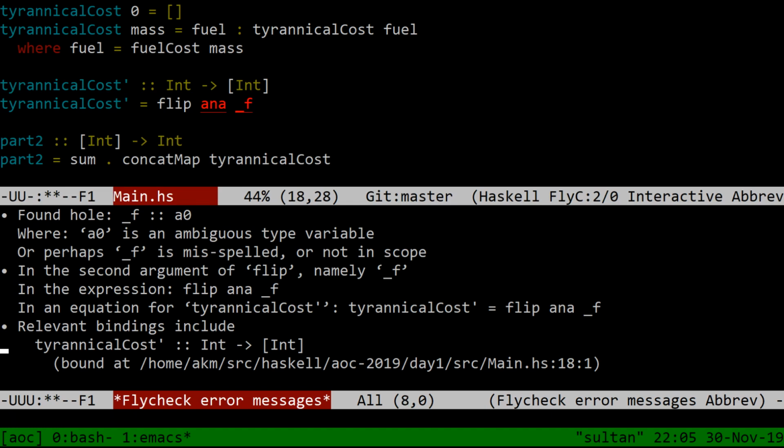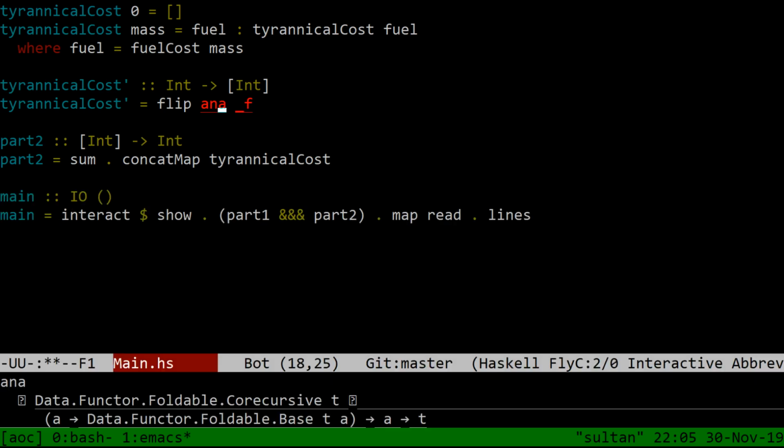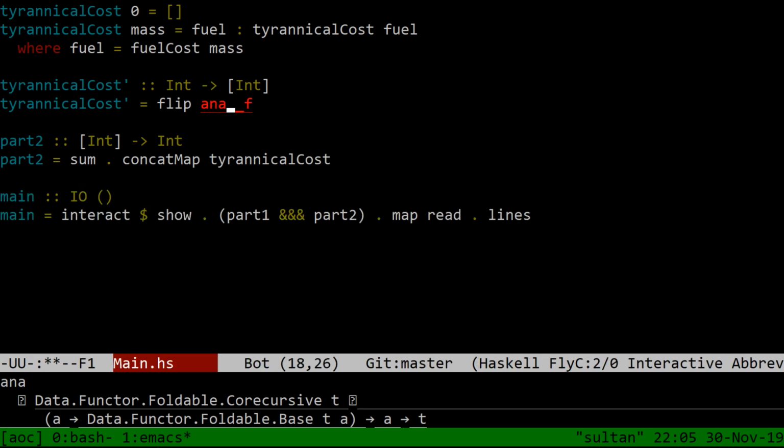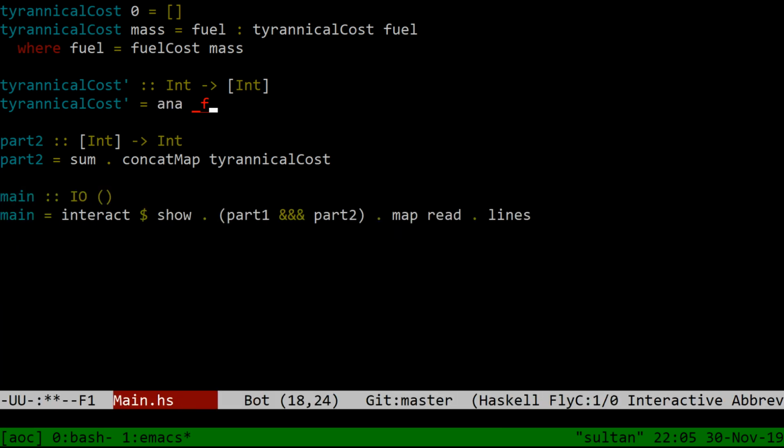so my thinking here is, why is it upset about what arguments ana takes, what order does it take there? Oh, it takes the function first, so I don't need to flip it. It should just be ana f, right?